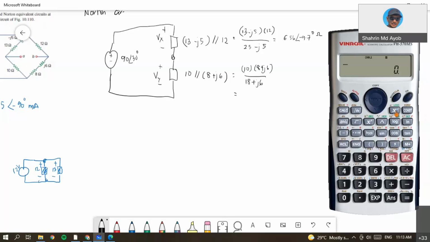So this one, I think 80 plus 60i over 18 plus 6i. In polar, so 5.27 angle 18.